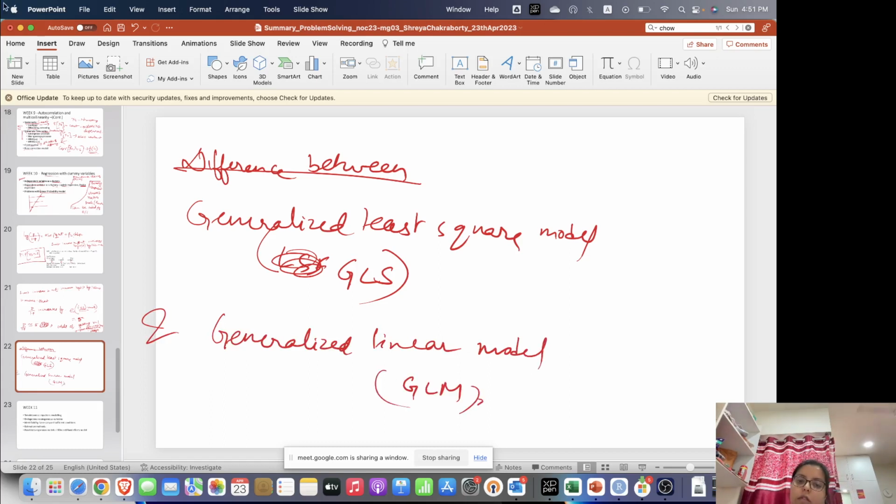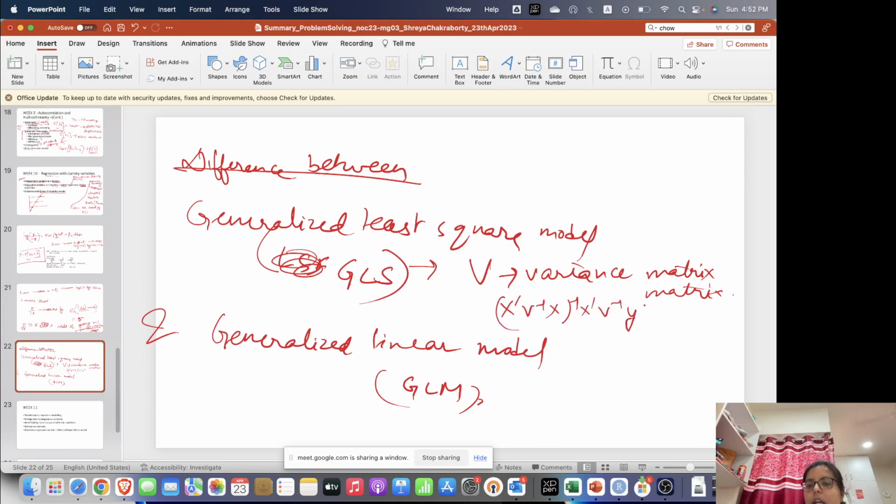GLS we would use where we have autocorrelation or heteroscedasticity. If V is my variance covariance matrix, then X transpose V inverse X, inverse, X transpose V inverse Y, this will be the GLS estimate.